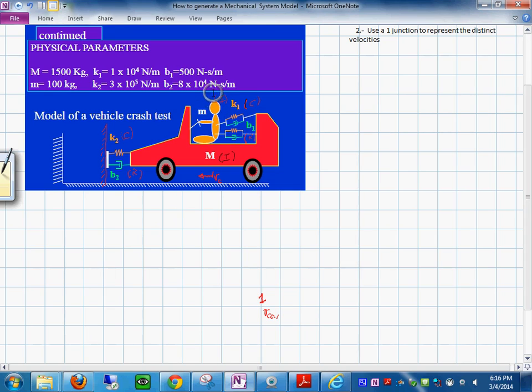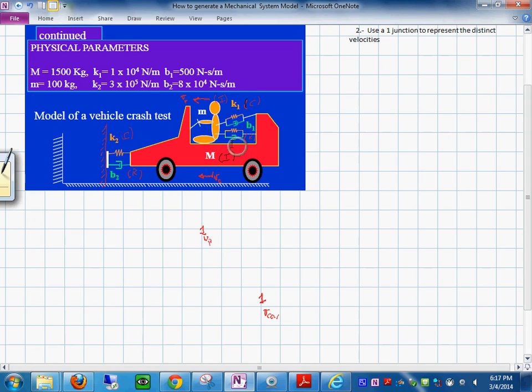The person is also going in that same direction. So this one here is going to be the velocity of the person. And for that velocity, I'm also going to use a one junction here, the velocity of the person.